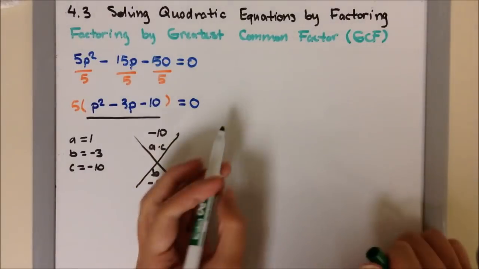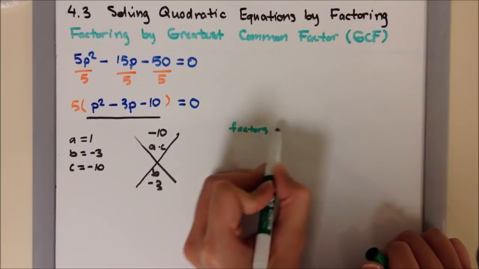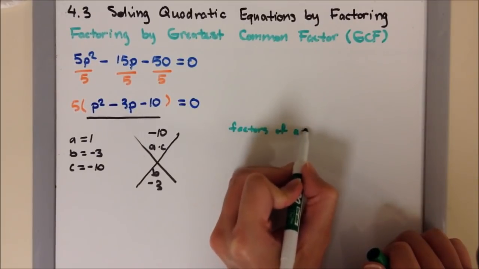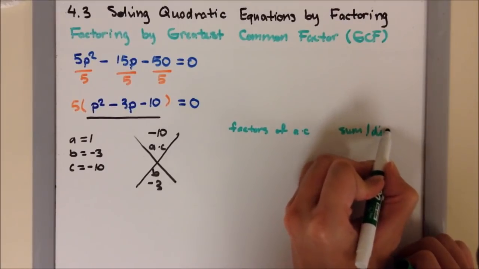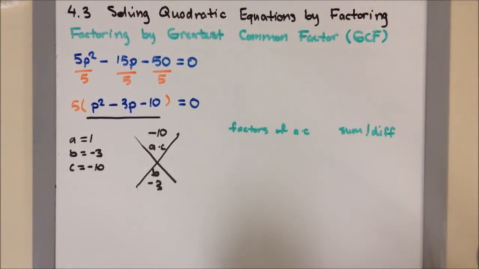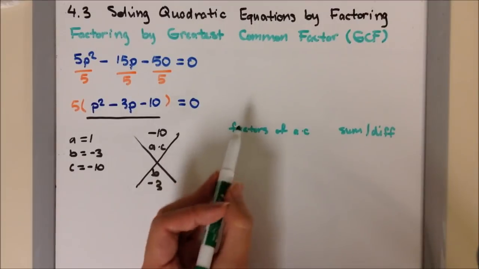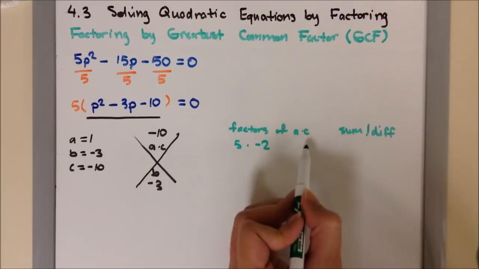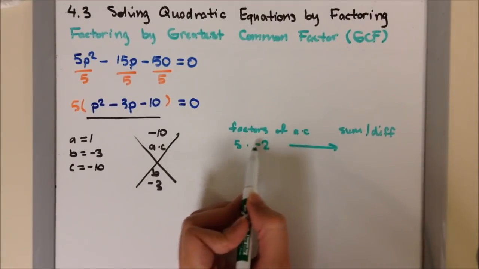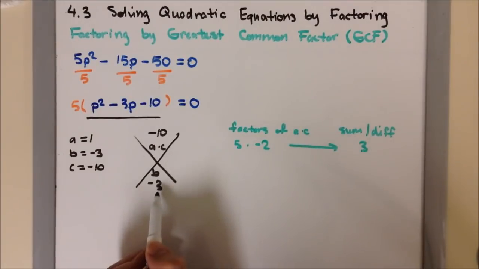Alright, so let me write out factors of A times C and sum and difference. So negative 10 and then negative 3. So factors for negative 10, I could say negative 5 times negative 2. The sum and difference between these two numbers is a positive 3.